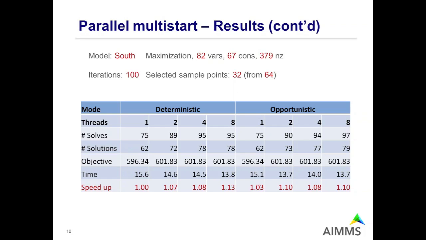The speed up is very limited. Although by accident, if you use multiple threads, then it finds a better solution than with one thread, but that's just an accident, not by design, since we are maximizing here.